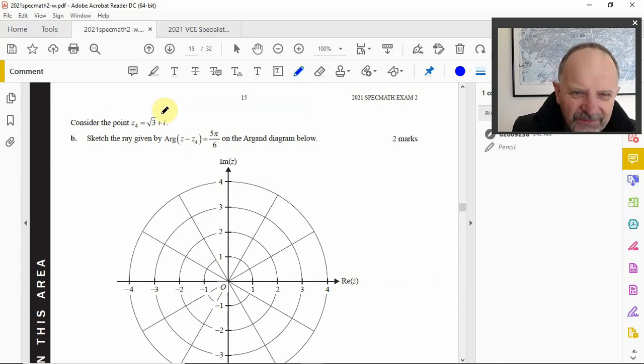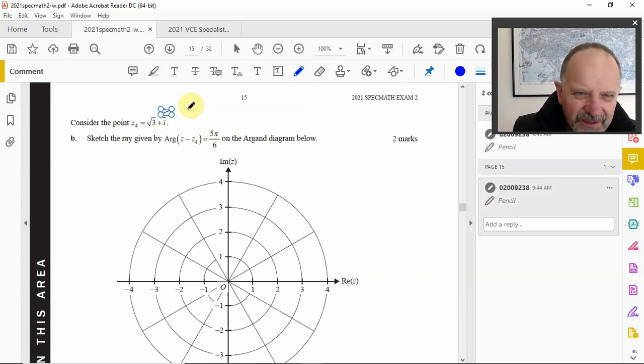All right, now root 3 is approximately 1.73. So we're coming out here 1.73 and we're up here 1 in the i direction. Now, the other thing that's handy here is to look at what the magnitude of Z4 is. And so the magnitude of Z4 is the square root of root 3 squared plus 1 squared.